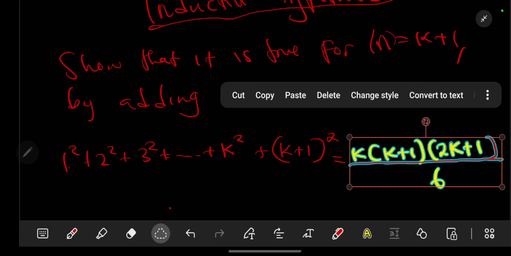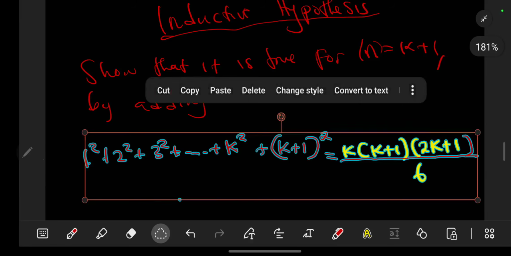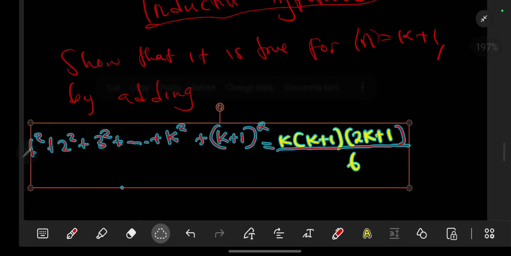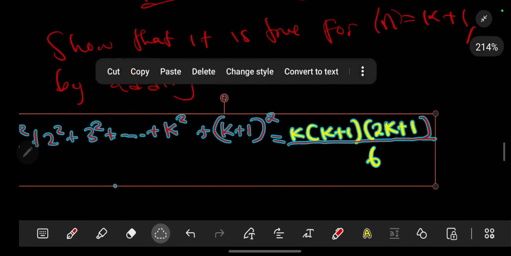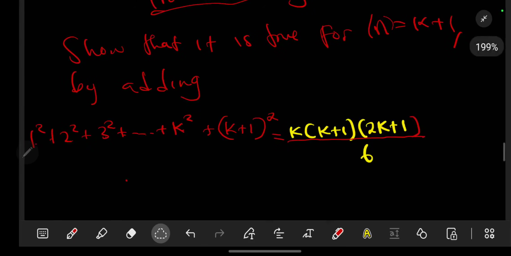After we do that, we are going to put plus our k plus 1 squared like that.